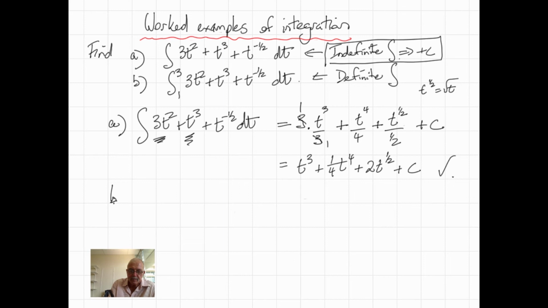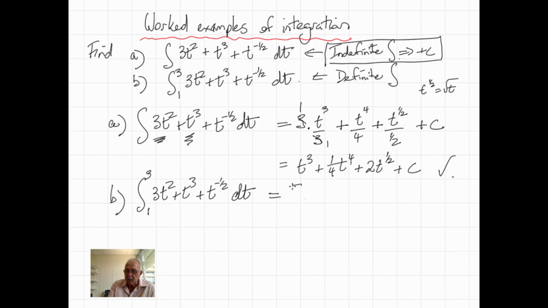Part B, the integral of this function, 3t squared plus t cubed plus t to the minus a half dt, between the limits of 1 and 3, so the lower value of t would be 1, the upper value would be 3, is nothing more than the antiderivative of this function. Now we've just calculated that in the line above.